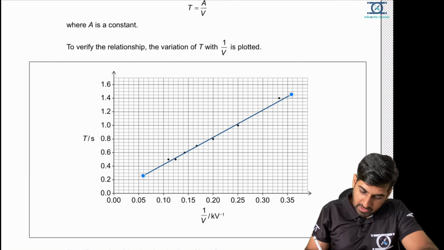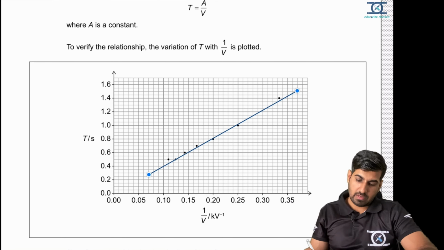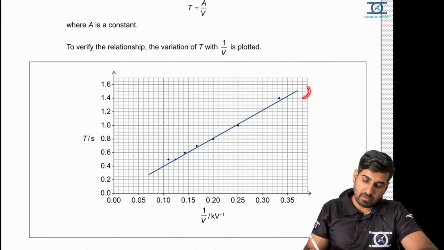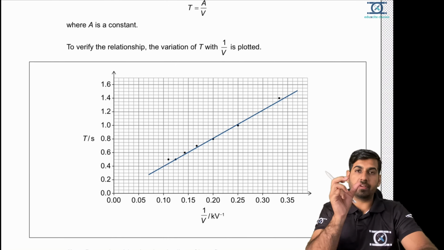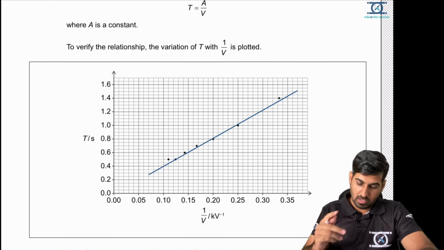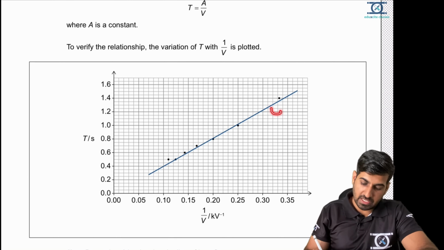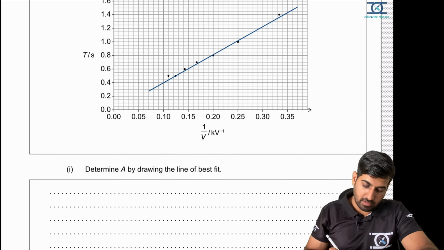It should be drawn so that a few points are on one side and a few points are on the other side. Somewhat like this you can draw. I think this will be the line of best fit. For such an answer you will get a range in the marking scheme also. The range will be given somewhat closer to that. Okay, so this is the line of best fit and I have to determine the value of A.